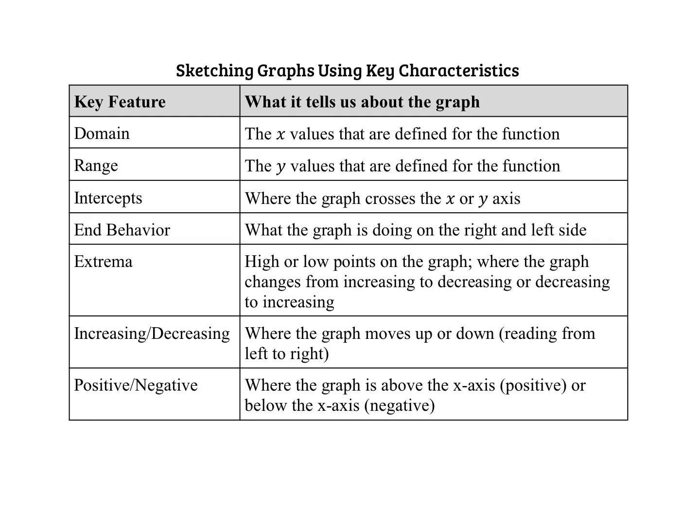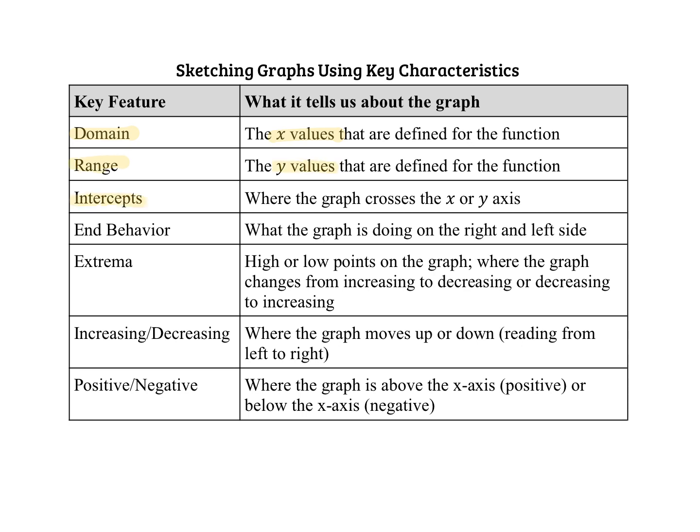So now that over the last 2 lessons, we've covered all these different key characteristics and ways of describing graphs, we're going to be working with some different characteristics to see if we can actually sketch a picture of what the graph might look like. So some key features to keep in mind, or information we might have about the graph. We'll talk about domain, which again are all of the x values that are defined, the range, which would be all the y values.